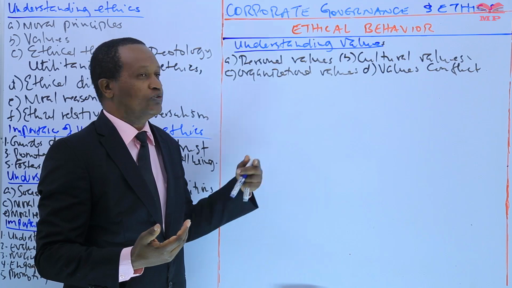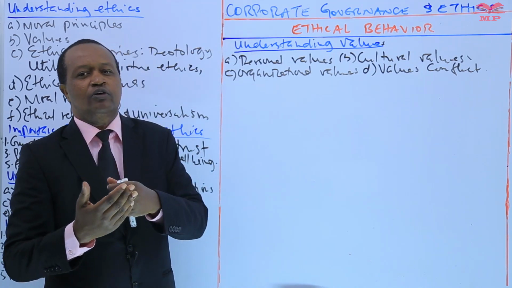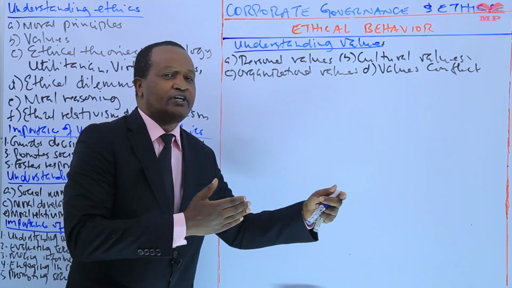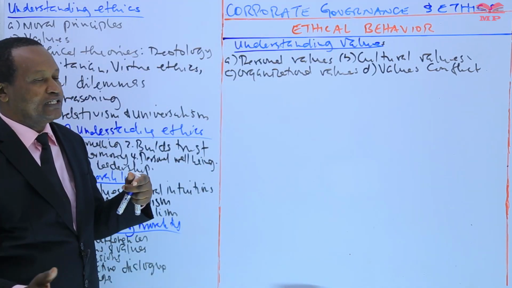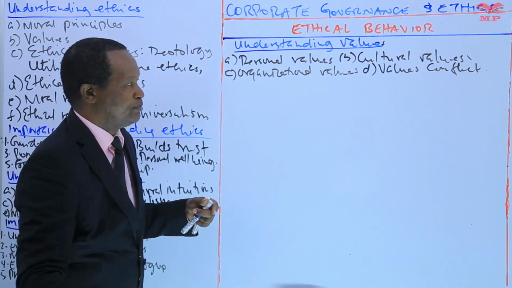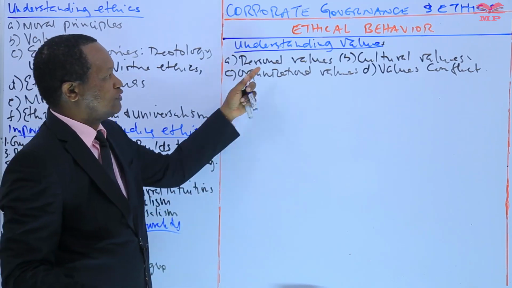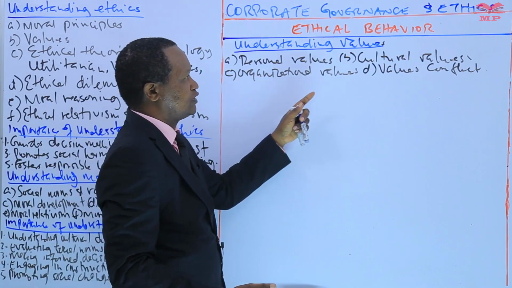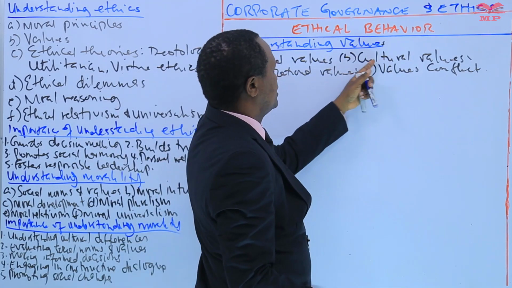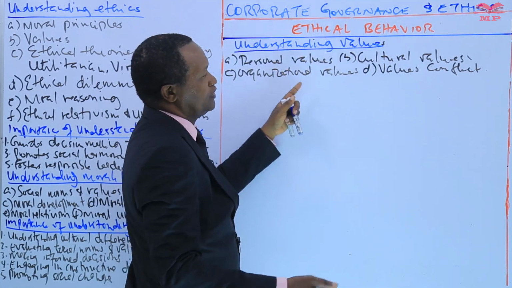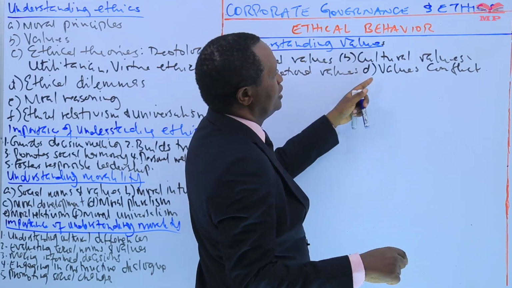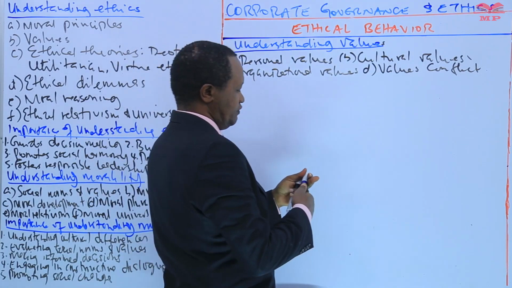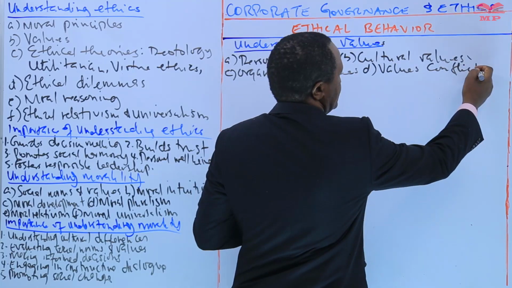Resolving these conflicts often requires careful consideration of the various values at stake and their relative importance. So to understand values, we need a clear understanding of this conflict, which we are calling values conflict.